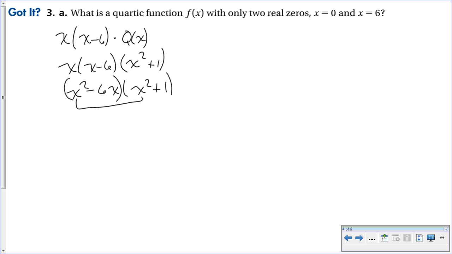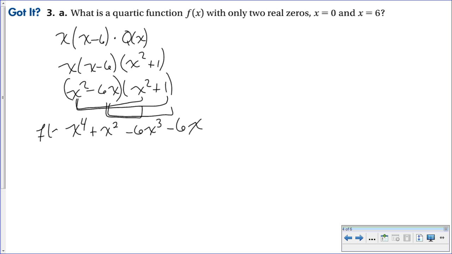So x squared times x squared is x to the 4th. X squared times 1 is just positive x squared. Negative 6x times x squared is negative 6x cubed. And negative 6x times 1 is simply negative 6x.